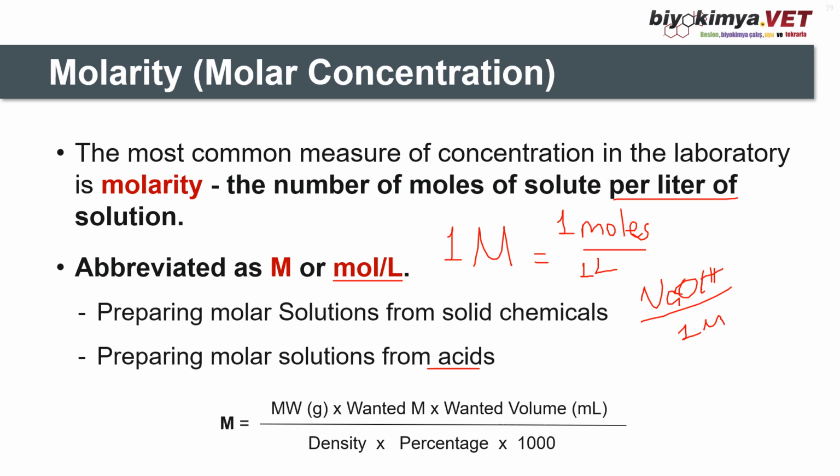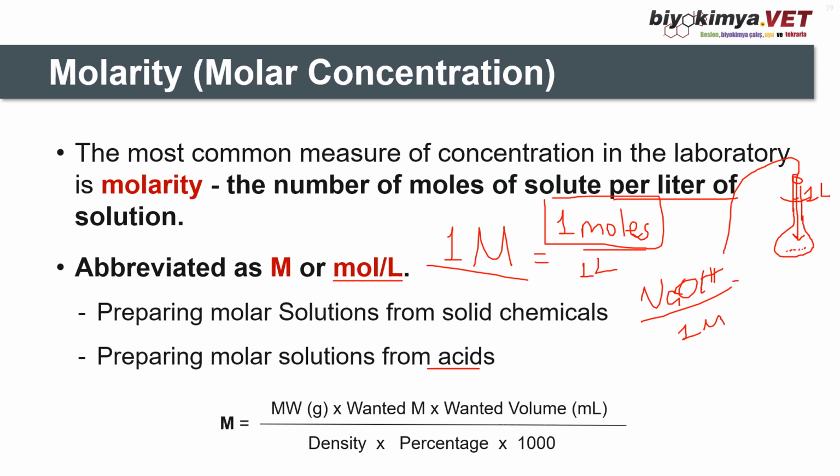So to do it, when I weigh 1 mole of sodium hydroxide, then I will take a volumetric flask having the capacity of 1 liter. Then I will put the weighed sodium hydroxide crystals into the flask and then fill up to 1 liter. And finally, I will get the 1 molar concentration of sodium hydroxide. But how do we calculate the 1 mole of sodium hydroxide?